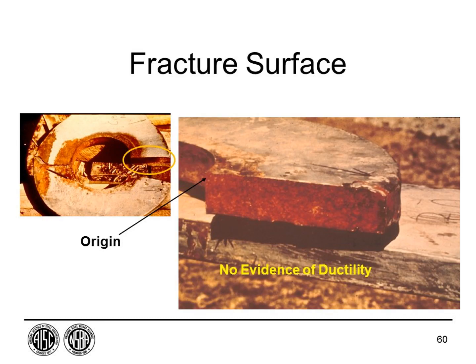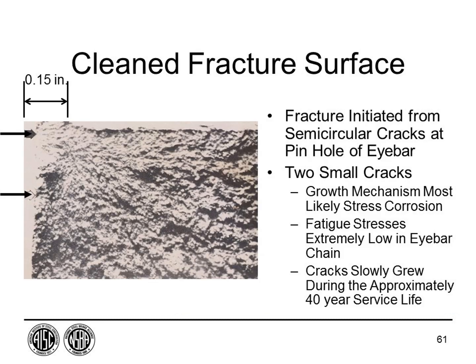And if you look closely at it, it's a very flat fracture. There's no necking or anything that happened. This is a brittle fracture. And this is the area where the origin of the fracture was. In the next slide, this was taken back to the laboratory and the corrosion removed, and this was looked at. And if you look carefully, this is the corner of the eye bar.